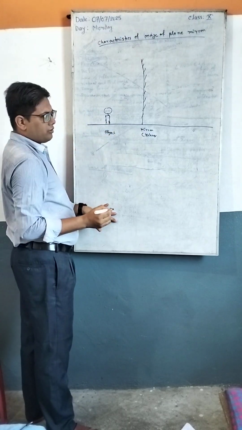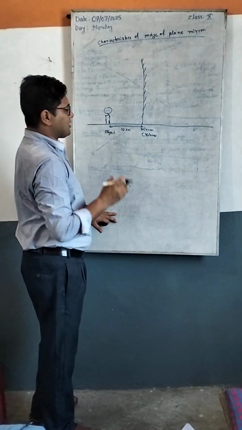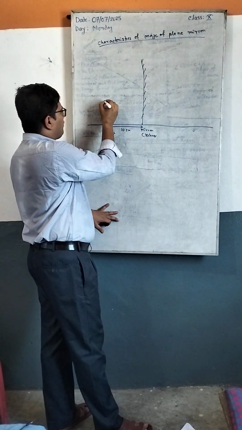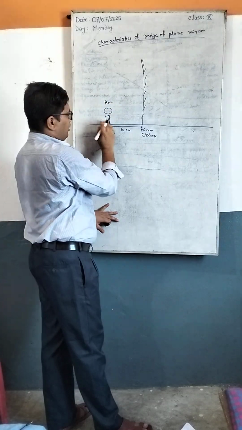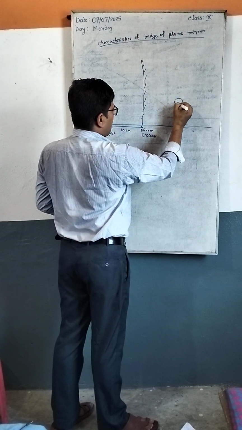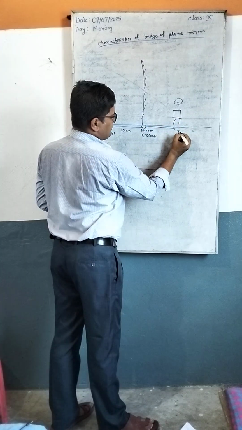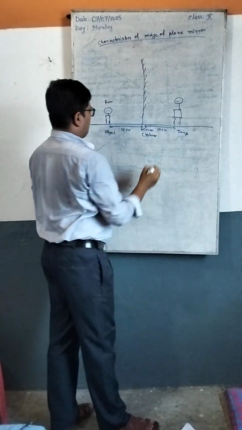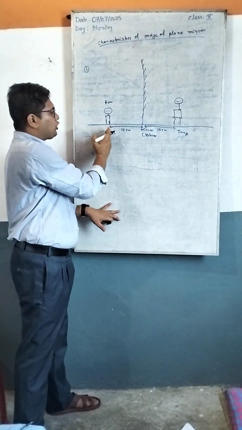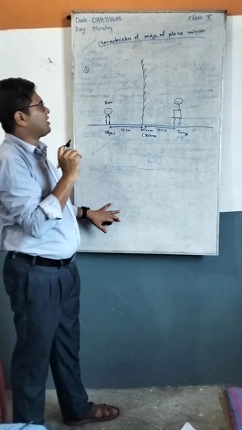Suppose the object and the mirror are 10 cm apart. The same distance lies between the mirror and the image. A boy, Ram, stands 10 cm from the mirror, and inside the mirror there is the image at the same distance, 10 cm. This is the first characteristic of the image of a plane mirror: the distance from object to mirror equals the distance from mirror to image.